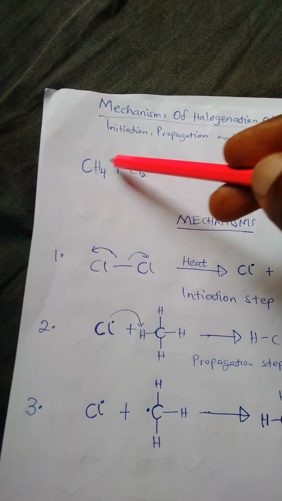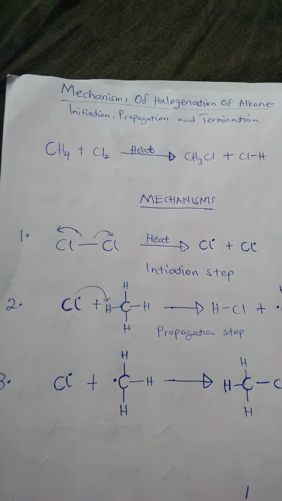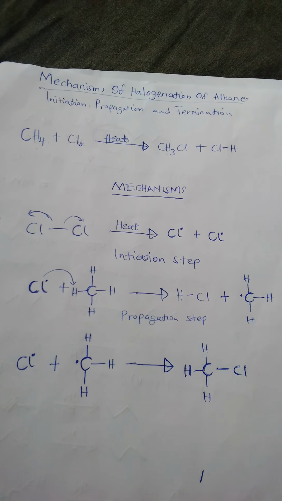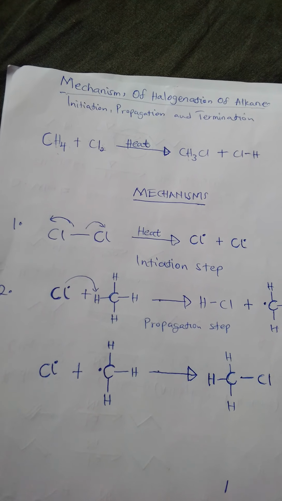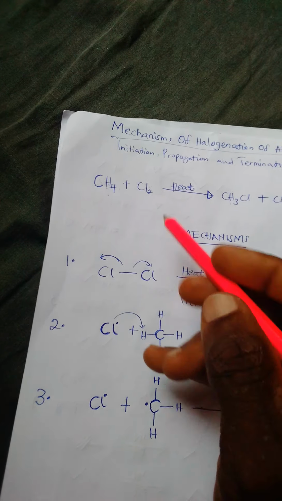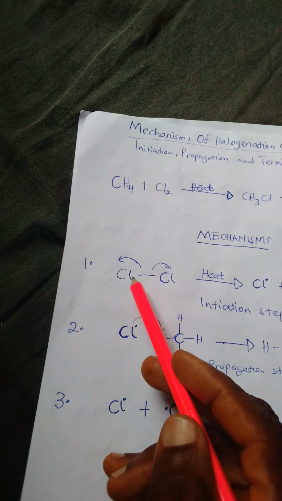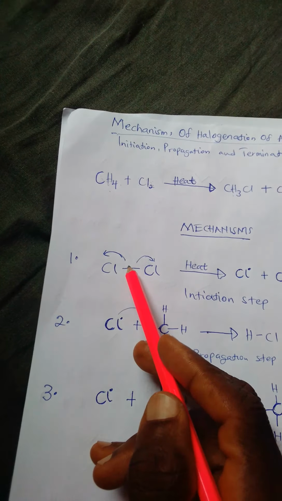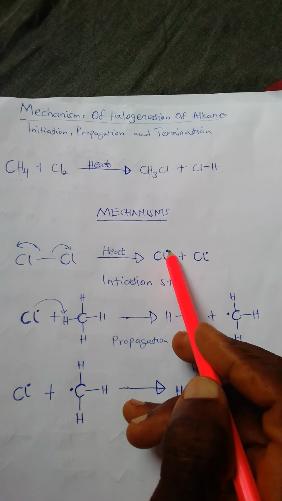If you heat these two compounds together, the first step of this reaction is called the initiation step. The initiation step is achieved by heating of the chlorine gas. When you heat the chlorine gas, you tend to split the two chlorines into two different radicals.